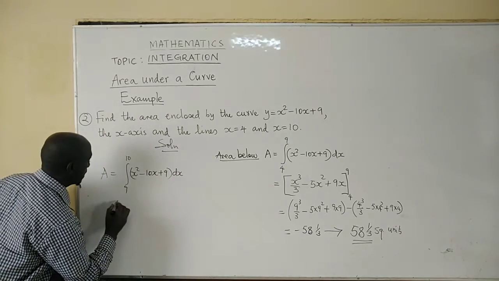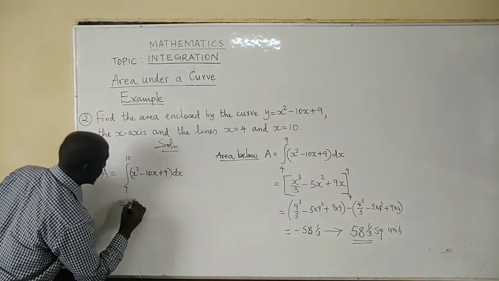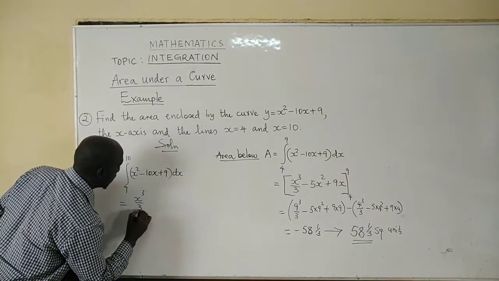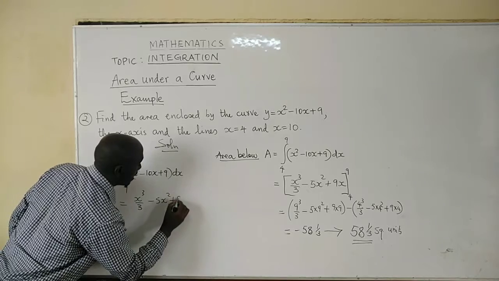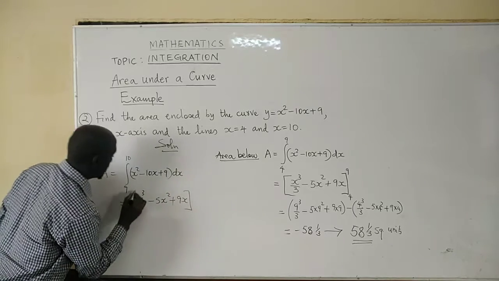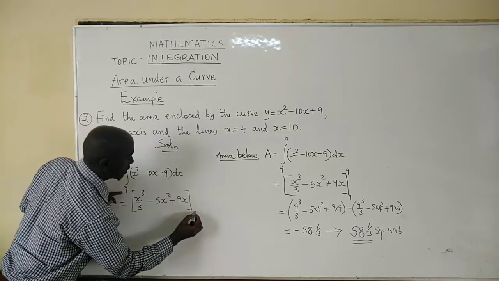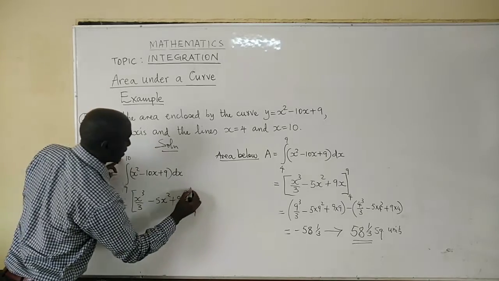If you integrate, you will get the same as what you got there, x cubed over 3 minus 5x squared plus 9x, put square brackets, insert the lower limit now, which is 9, and upper limit, which is 10.